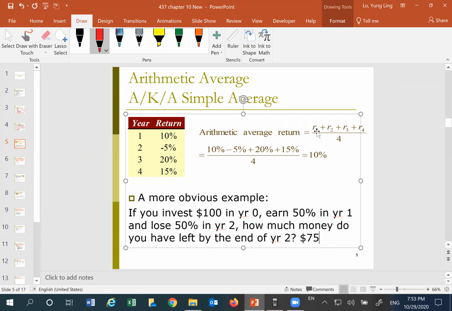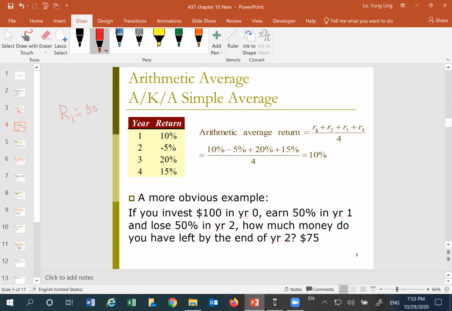However, if you calculate the arithmetic average, where R1 is positive 50% while R2 is negative 50%, then your simple average, which is typically notated by R bar, is calculated as follows.